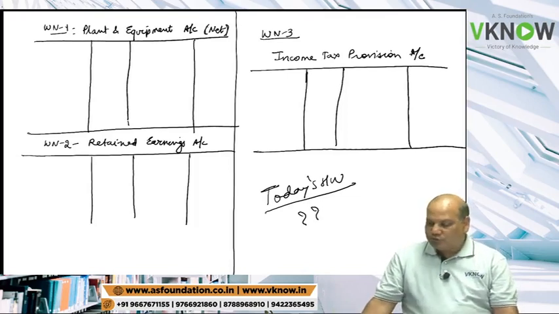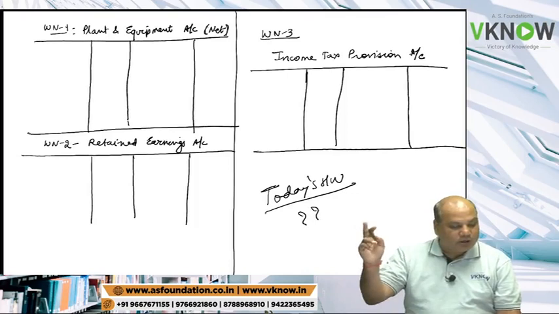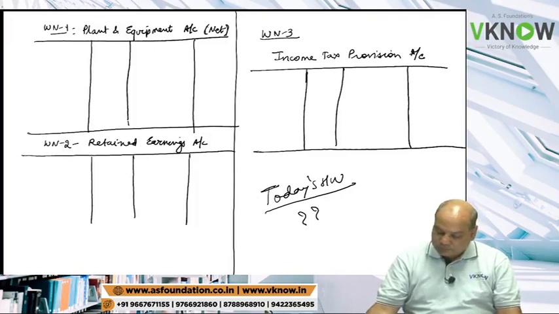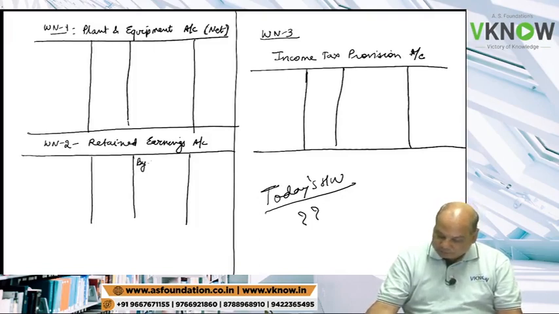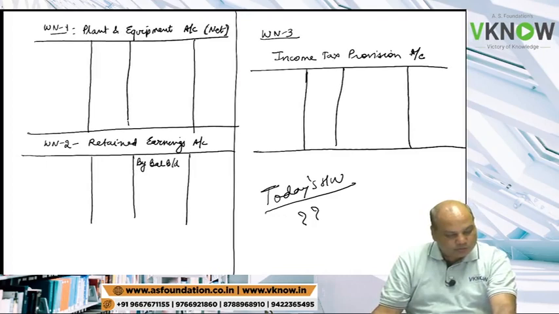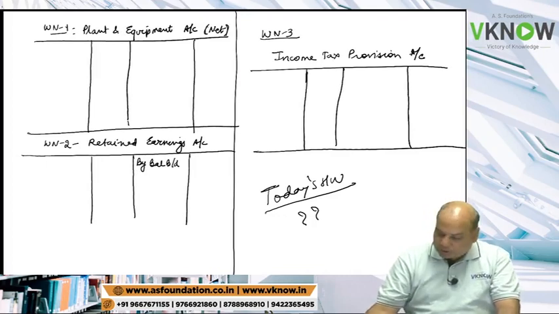Share capital, there is no change. 140, 140. Retained earning account has a change. By balance brought down, opening balance is 92.